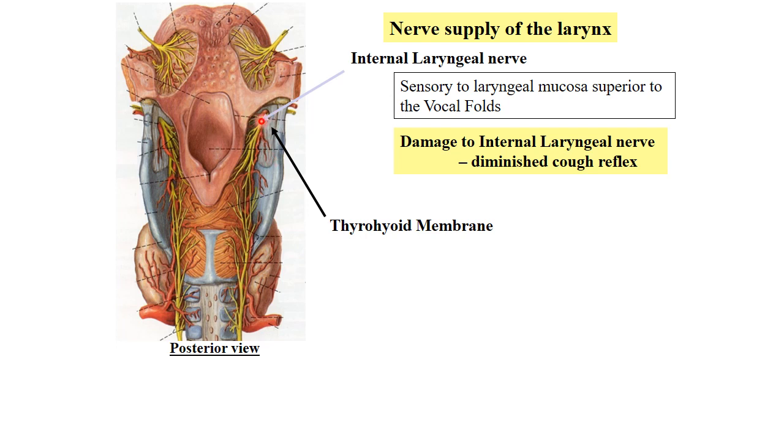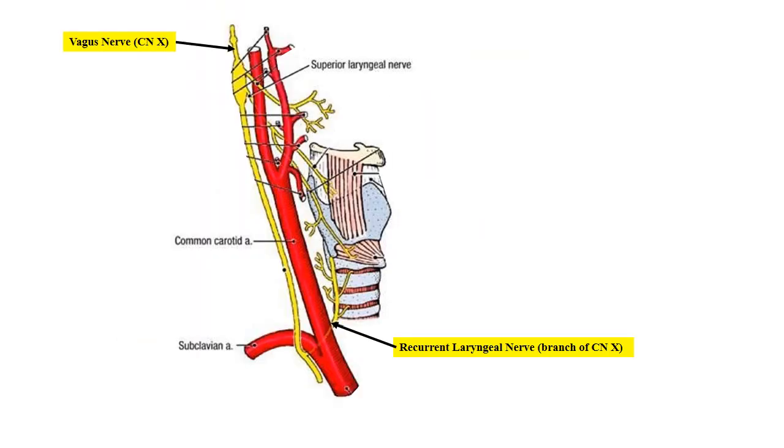If we were to somehow damage this nerve, you would have a diminished cough reflex, especially on that side. So if we were to damage this one right here, and let's say some debris landed on a mucosa right there, you might not get a cough, and that would be bad because whatever's in there doesn't belong there. So you would have trouble coughing that up. Okay, so that's what happens with damage to the internal laryngeal nerve.